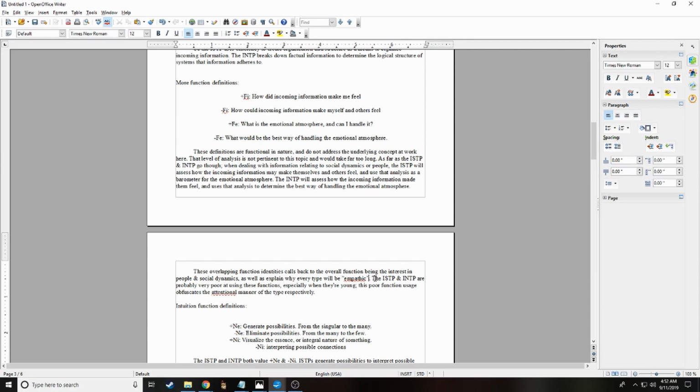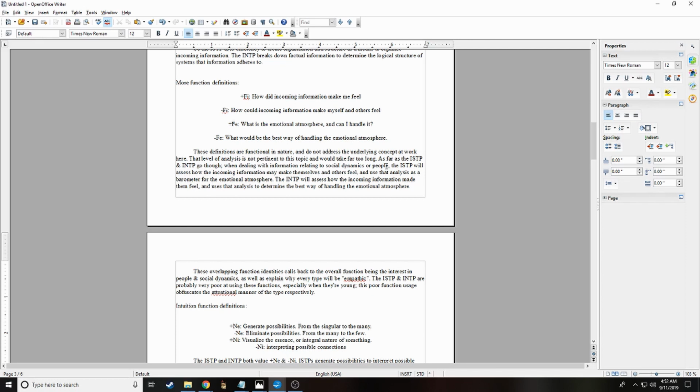The ISTP and INTP are probably very poor. I say probably because as individuals, they're probably. As groups in general, they are very poor at using these functions, especially when they're young. This poor function usage obfuscates the attentional manner of the type respectively.